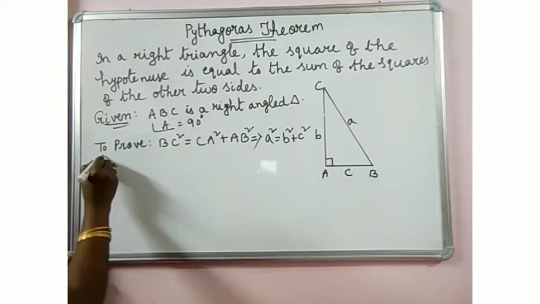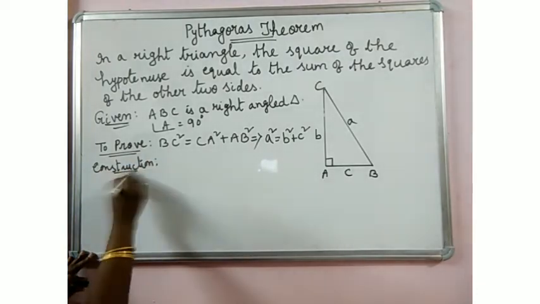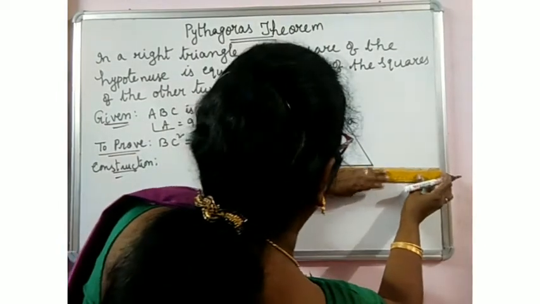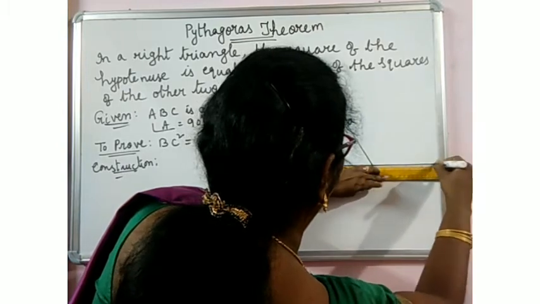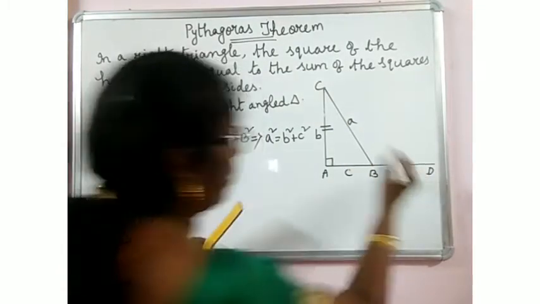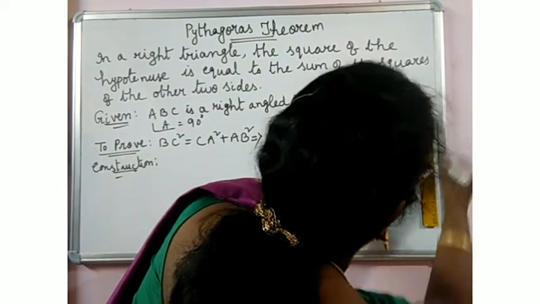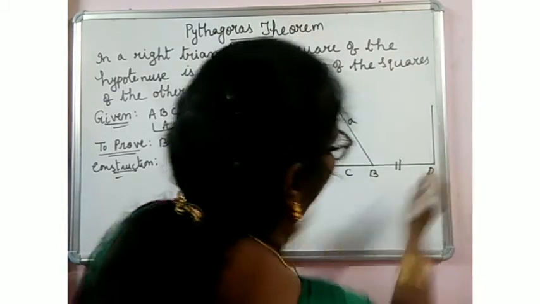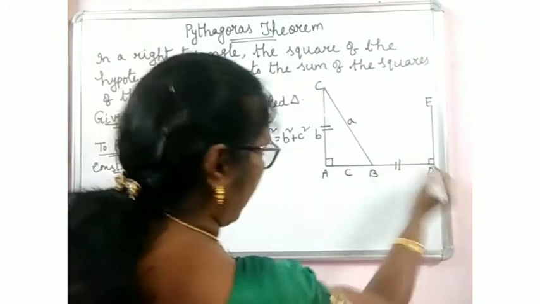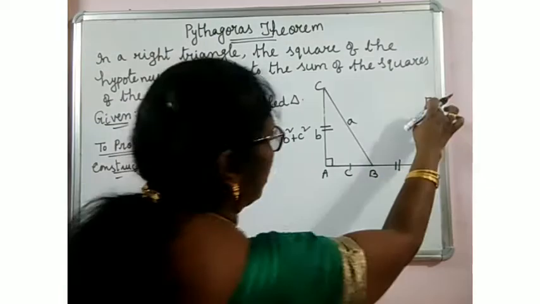For this, a construction step is required. We have to produce AB up to D such that CA is equal to BD, and at D we have to construct a 90 degree angle, drawing DE perpendicular to AD such that AB is equal to DE.